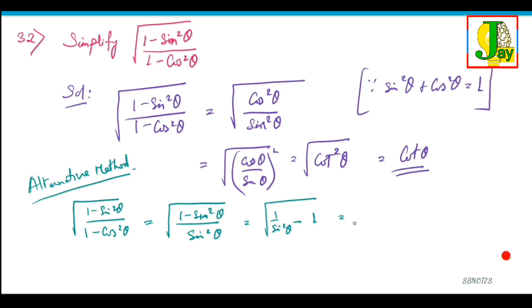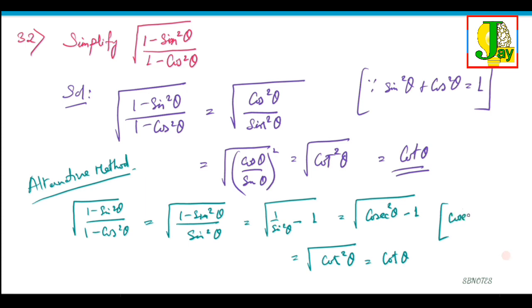So root over (cosec square theta minus 1), cot square theta, it's cot theta. Which relation we used?